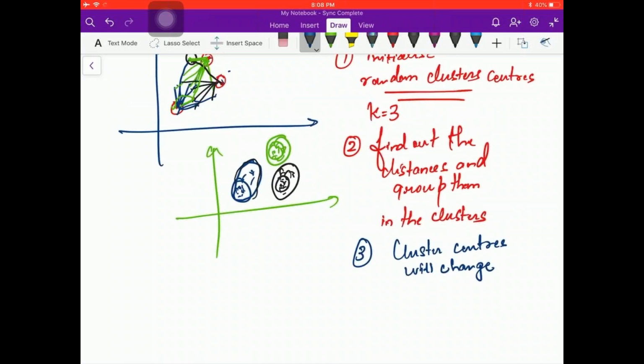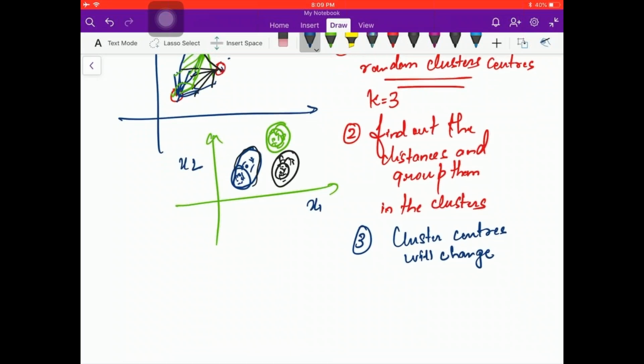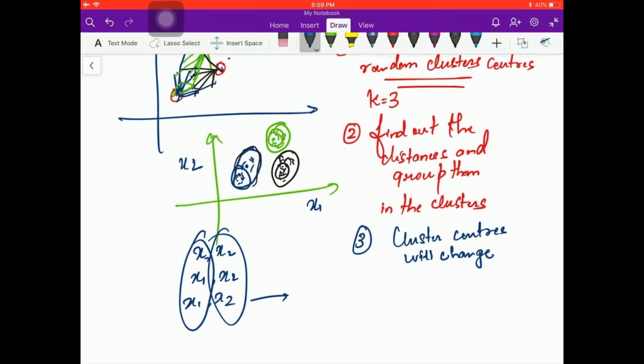The first assignment was random, but after you got new points in, the cluster center will change. The center is basically the mean. If this is x1 and x2, every point will have x1, x2 values. So take an average of this and an average of this. The cluster center will be the average of all points in that cluster.